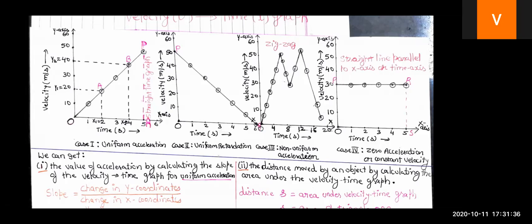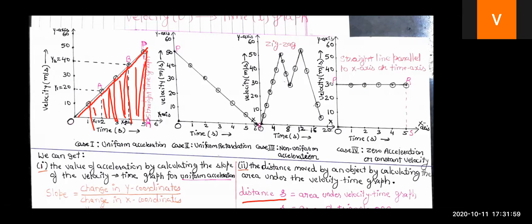Now, I told you it will give you two values, right? The first is that the slope gives you the value of acceleration. The second is the area under the graph. Suppose your graph line is this, right children? Now, the area under this graph will give you the value of distance.